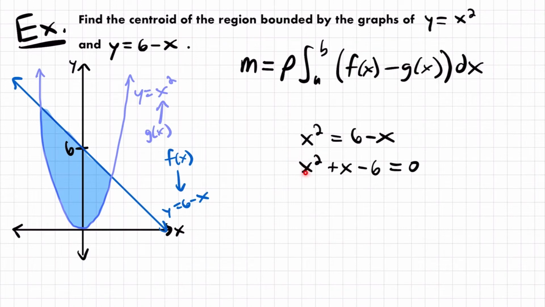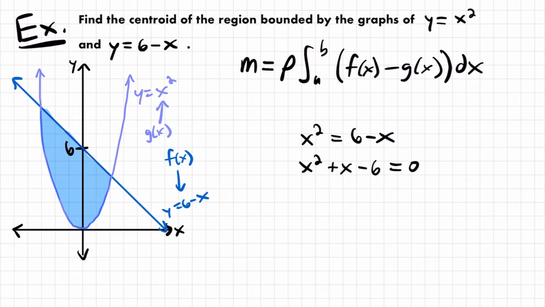And since the x squared term has a coefficient of 1, all we have to do to factor this is ask ourselves what two factors of our last term added together will get us the coefficient of the middle term. And so to get negative 6, we can multiply positive 3 and negative 2, and positive 3 plus negative 2 is positive 1.